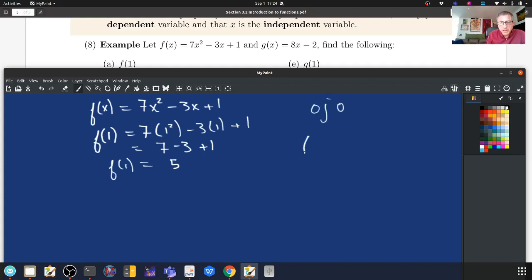We've been talking about elements in a relation being ordered pairs, x and y. But now we're looking at special relations, which are functions. So now I can literally use the fact that y is equal to f of x, and all of the elements on the graph of a function have the form x, f of x.